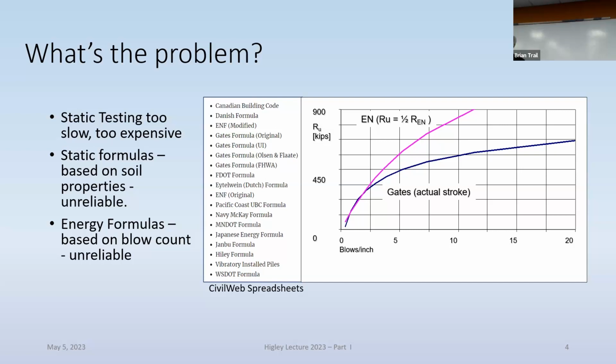And if it's going deeper and deeper, then many people will come to the construction site and wonder what to do. Because static testing to determine the capacity is too expensive and takes too long, there was always the so-called energy or dynamic formula being used.